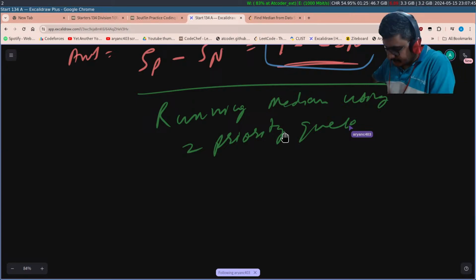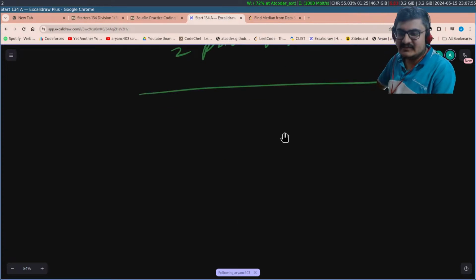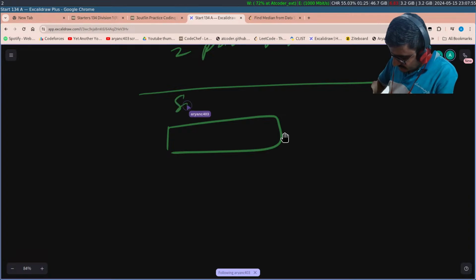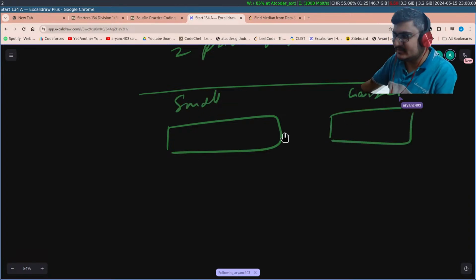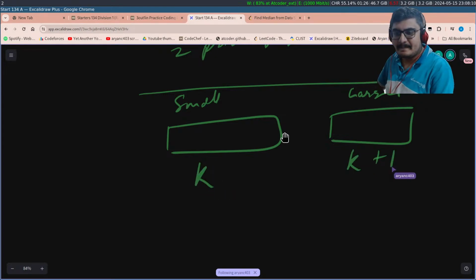Basically, let me share the solution idea. The idea is we maintain two priority queues. One we call small and the other we call large. This will contain the smallest k values and this will contain the larger k plus 1 values.